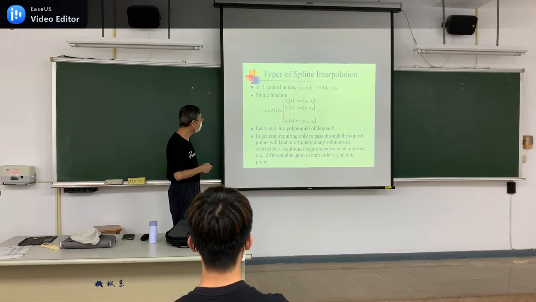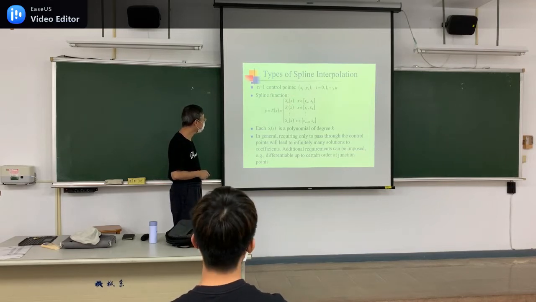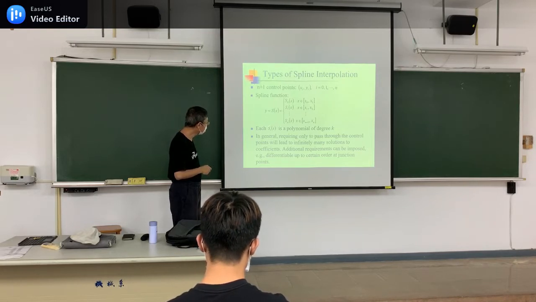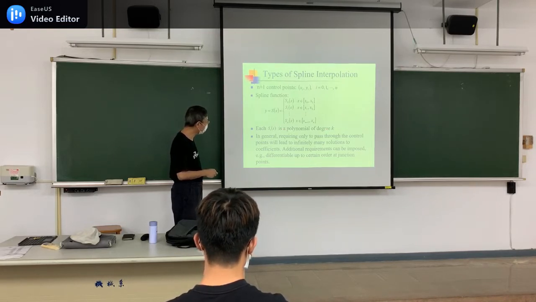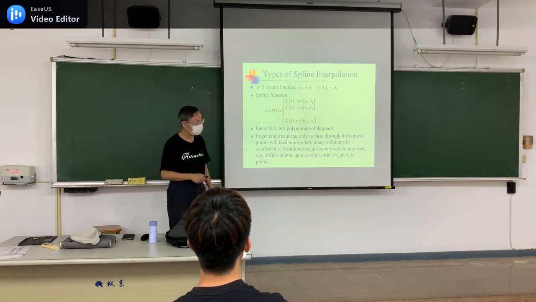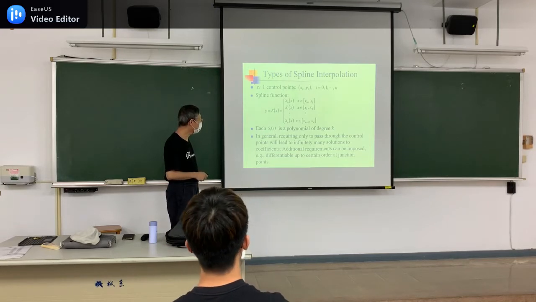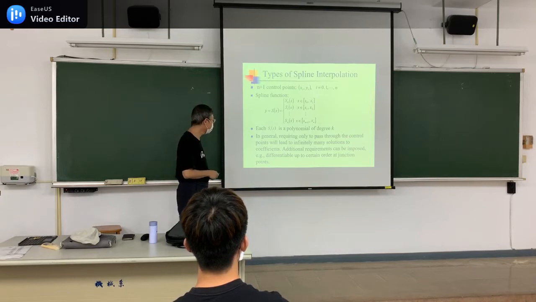Okay. So from S0 to S1. In most splines, each such spline function is a polynomial up to some degree k, for example. In general, we require only that it pass through the control points. And if you do this, you can have infinitely many solutions.